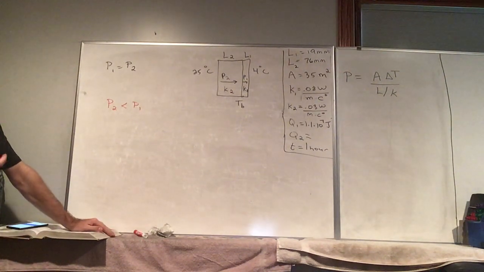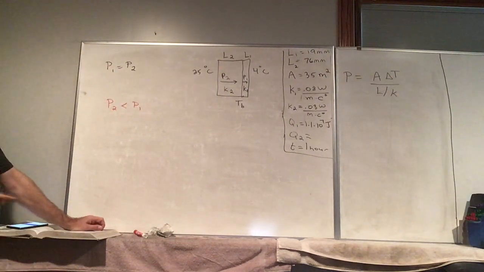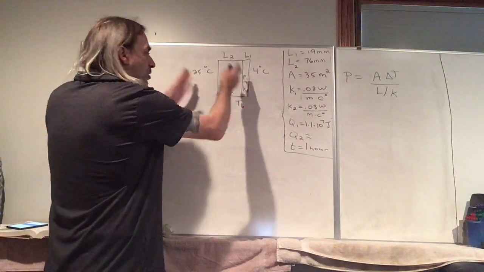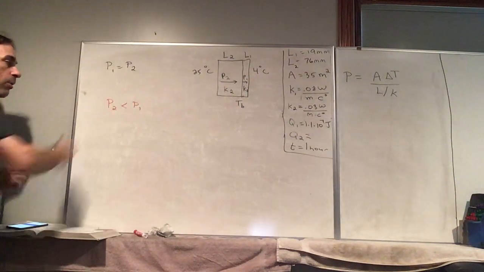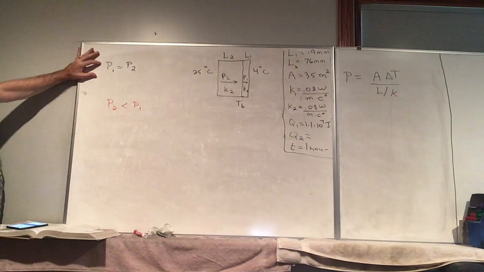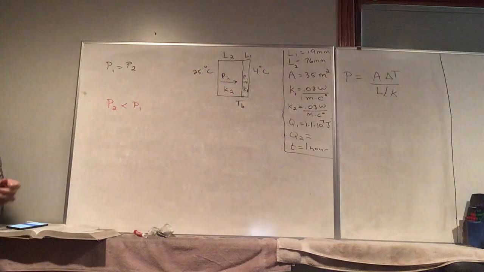And so even if it was the case that P1 was not equal to P2, if you leave these conditions fixed, and you just wait, eventually these two will be equal to each other. So we looked at the case if P1 is greater than P2, then this would decrease, which lowers P1, raises P2.